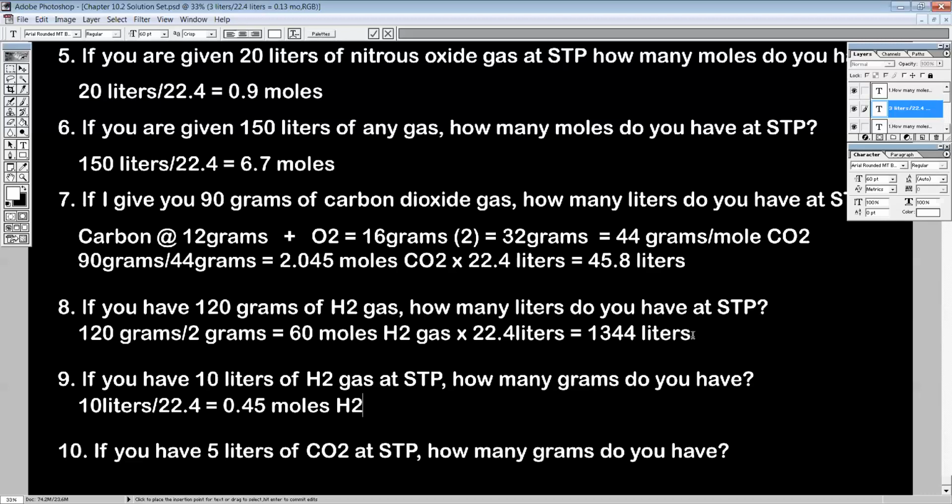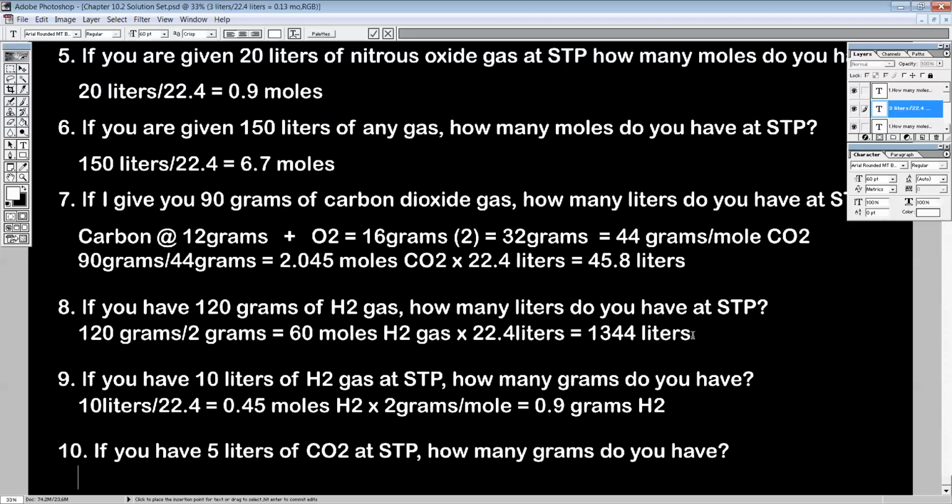And we know that each mole of H2 is 2 grams per mole, for a grand total of not a whole lot of hydrogen gas, 0.9 grams of H2 in that problem.